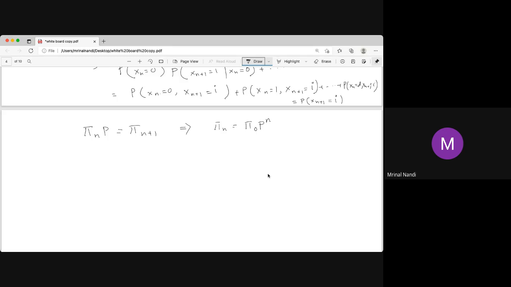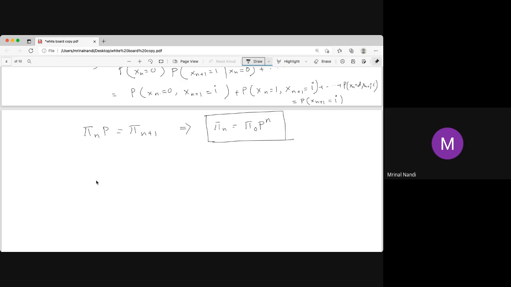Pi 1 is pi 0 p. Pi 2 is pi 1 p, and pi 1 is pi 0 p, so pi 0 p square. So we get this important result: to find the marginal distribution of xn, we need p to the power n. The transition matrix gives all these things.